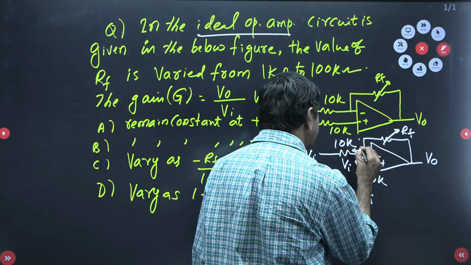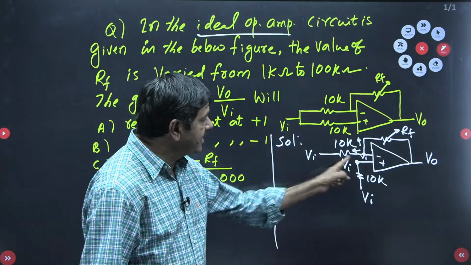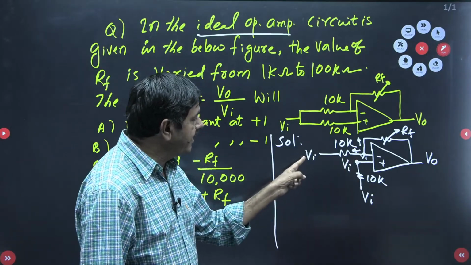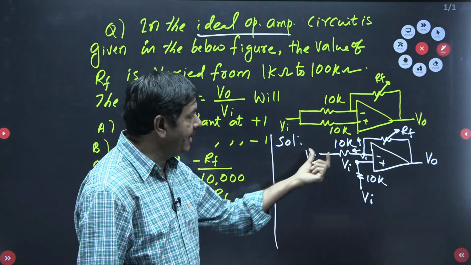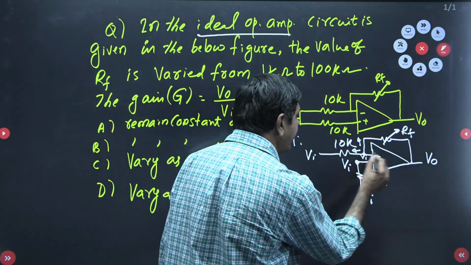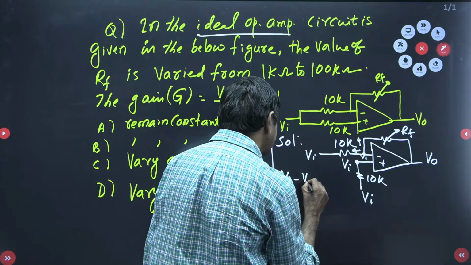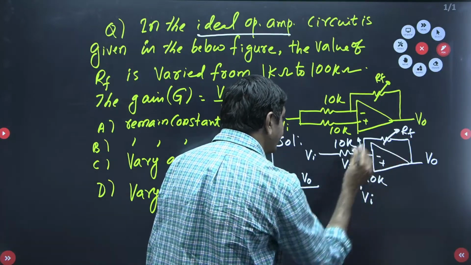This current plus this current equal to 0. Anyhow, this current is 0 only now. VI minus VI, 0 only possible. Current across 10K becomes 0 only. I can write VI minus V0 by RF.